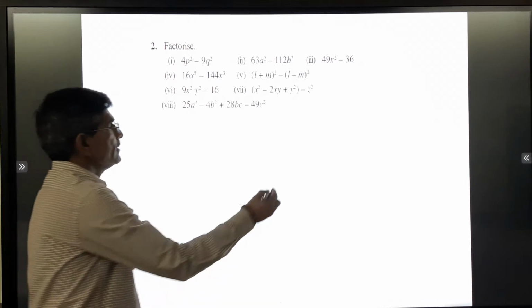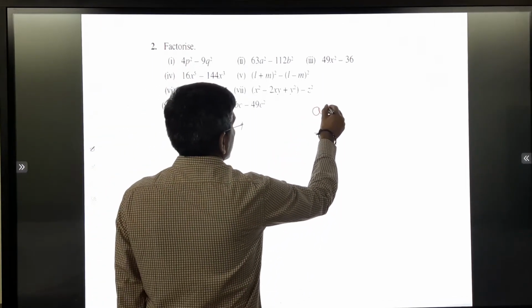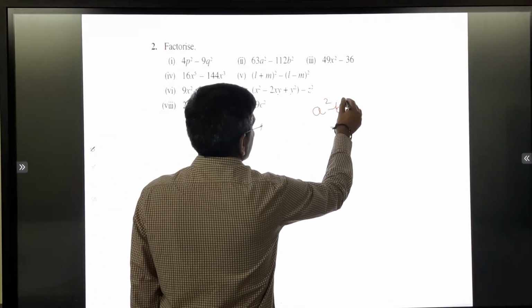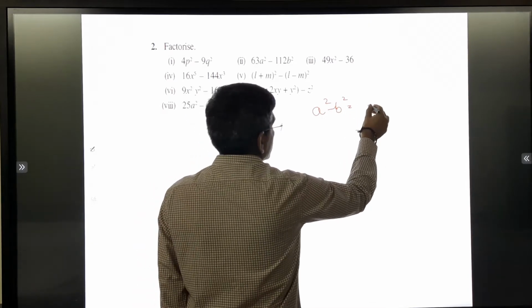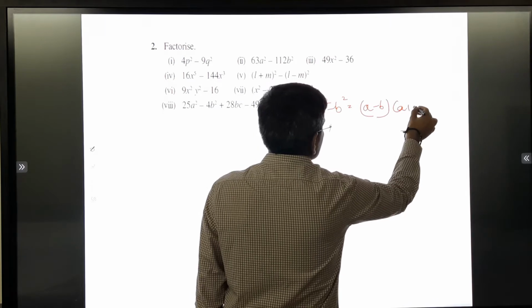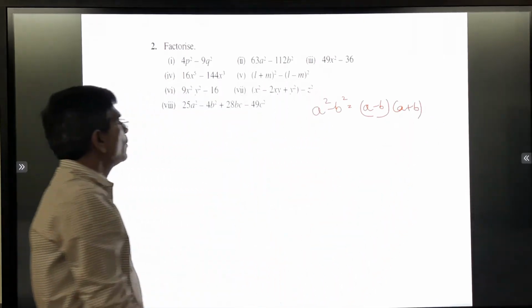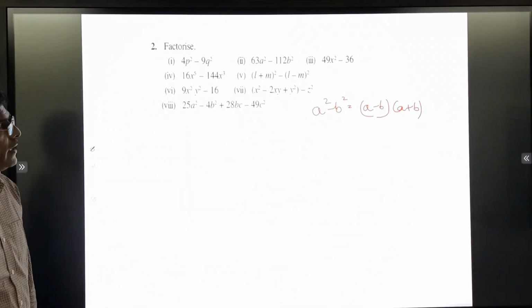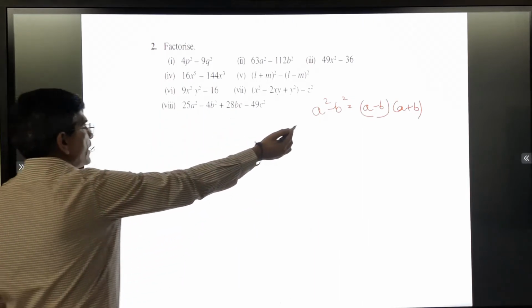That is the identity a square minus b square. Then I have to write the answer a minus b, a plus b. If you see all the sums, 8 sums are there, and in each sum we have to use this identity.